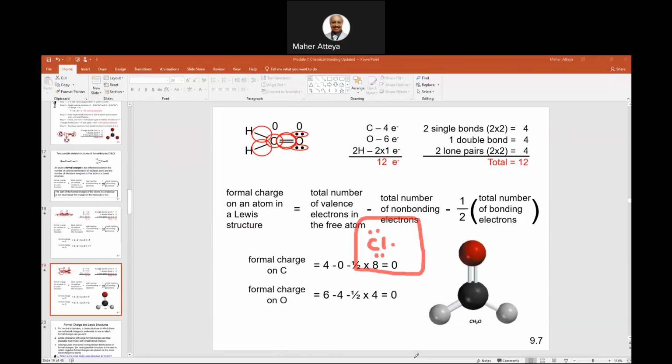Well, total is what? 7, correct? Total valence is 7. How much on it now? 5. So 7 minus 5 is plus what? 2. So the formal charge here will be 2 plus. Make sense? Did I do any calculation? No.